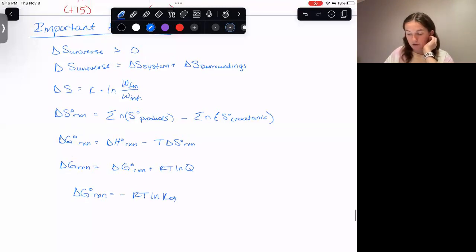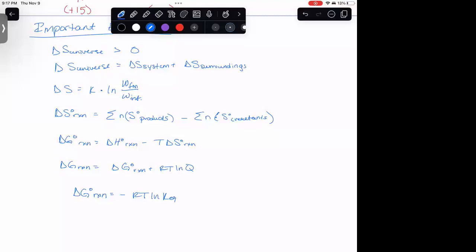And I think those are the big ones you're going to use. They're really the big ones I've seen throughout the whole practice exam. The other one is where you combine those last two equations, and in the end it will be ln of Q over Keq.